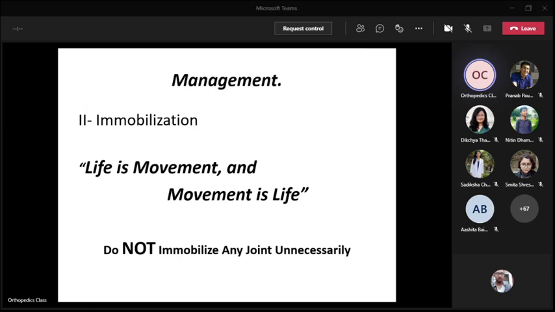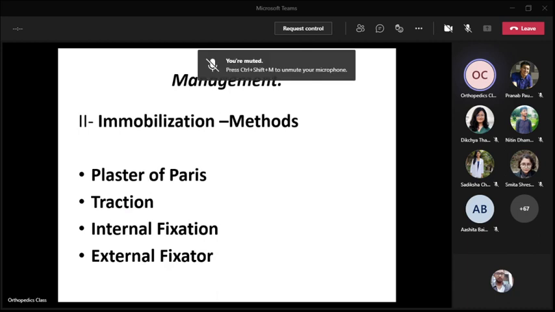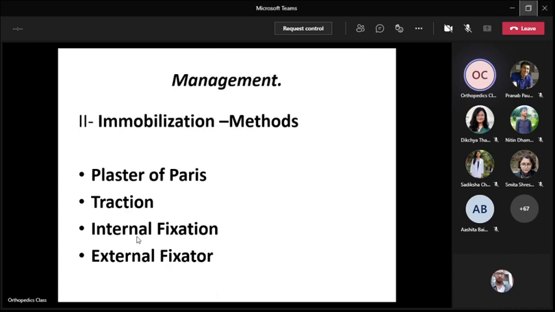Only that much which you require must be immobilized, not all the joints. Immobilization methods: we have plaster of Paris, traction, internal fixation like plates, screws, nails, and external fixators. These are the devices by which we can immobilize the fractures.